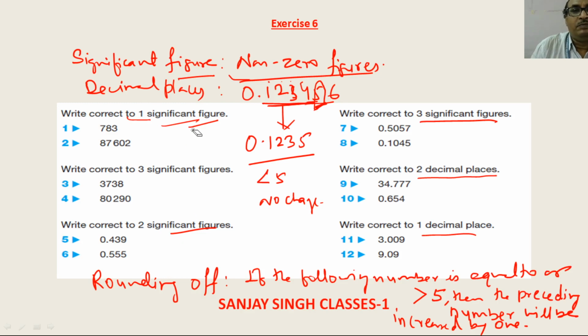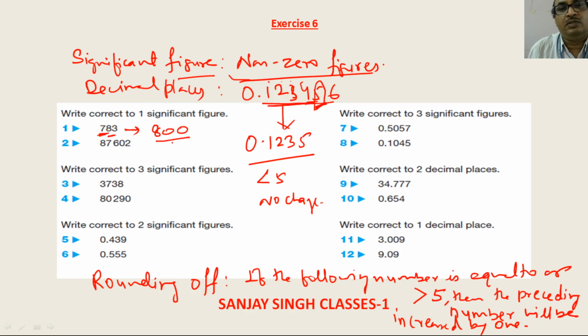Now let us start solving these questions using the method we have just discussed. For this question, write correct to 1 significant figure. So 1 significant figure means this 7, and I need to see the second one. The second one is 8, which is more than 5, so this 7 will become 8 and the other digits become 0, giving 800. So 783 has become 800.